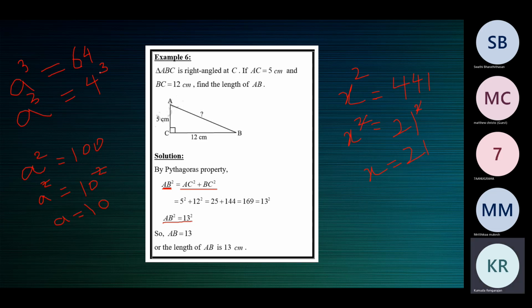So a cubed is equal to 4 cubed. On comparing both sides, we get a is equal to 4. In the same way here, AB square is 13 square. So AB is 13. The length of AB is 13.